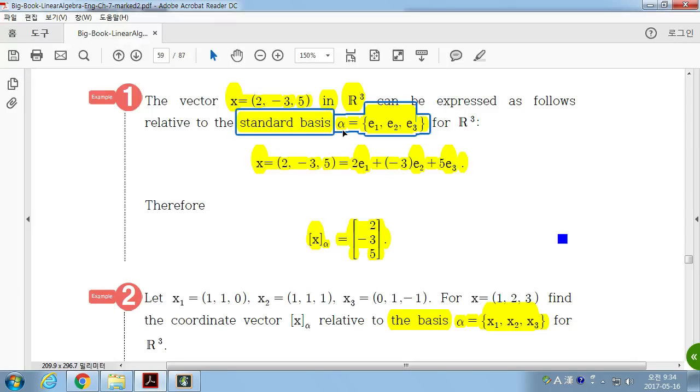What is the coordinate vector of x with respect to the standard basis alpha? The vector (2, -3, 5) can be written as 2 times e1 plus -3 times e2 plus 5 times e3. So the coordinate vector of x with respect to the standard basis alpha is (2, -3, 5). Clear?